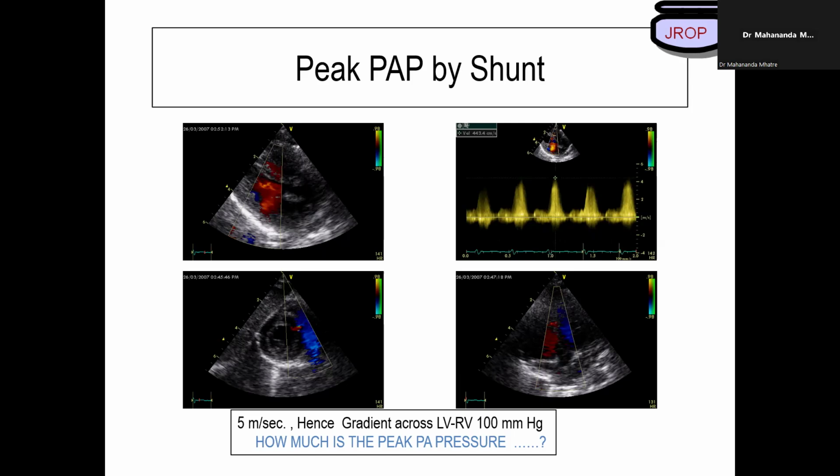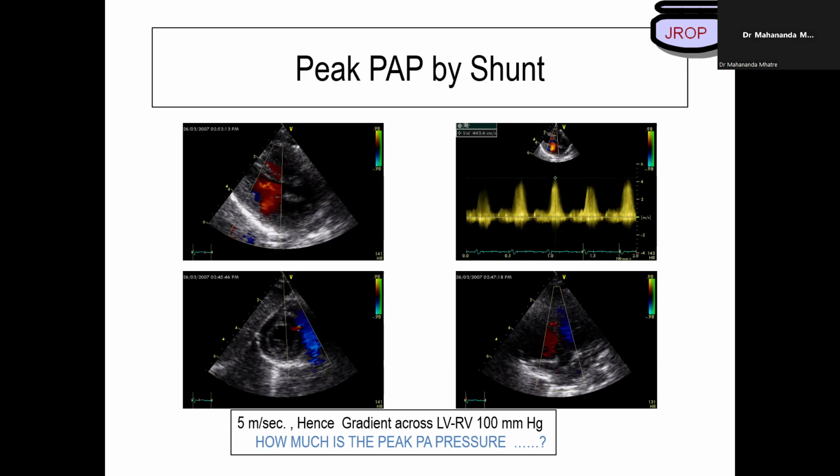It'll be 23.7. Correct? Yes. 23.7 means we are in a range of suspicion of pulmonary artery hypertension. Got it? Any doubt? Yes, sir.